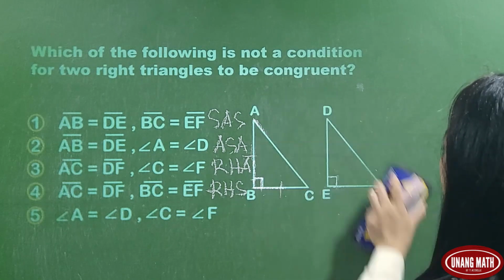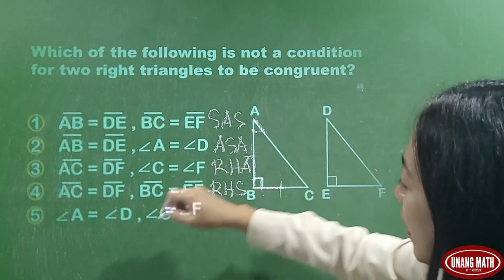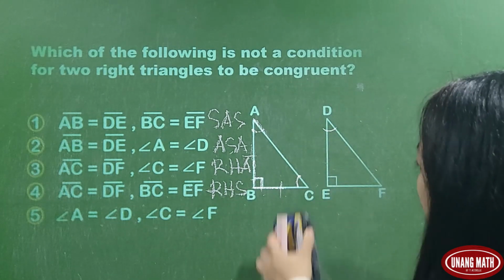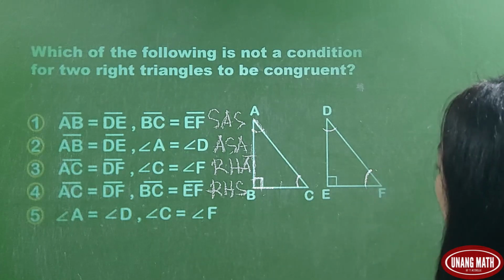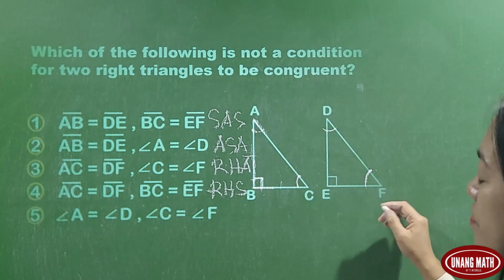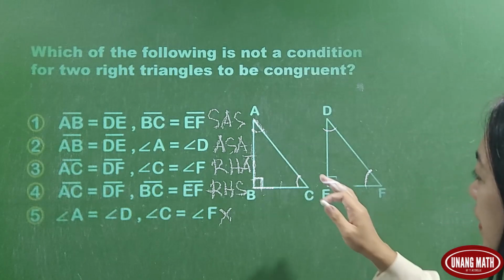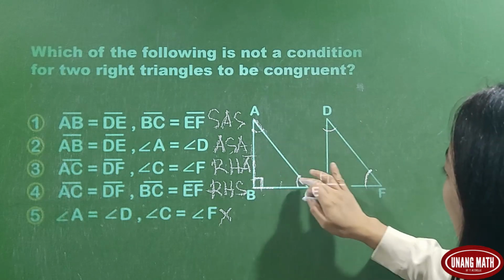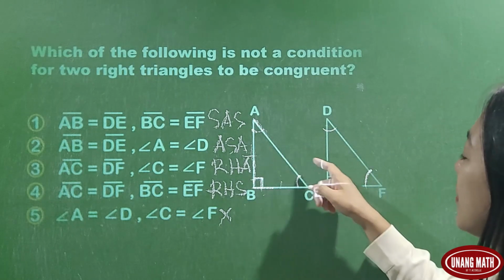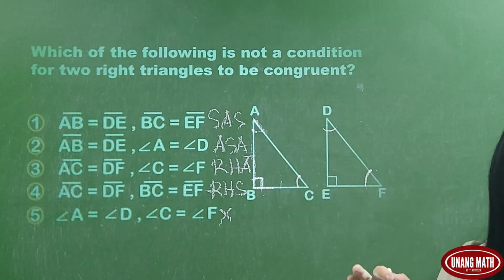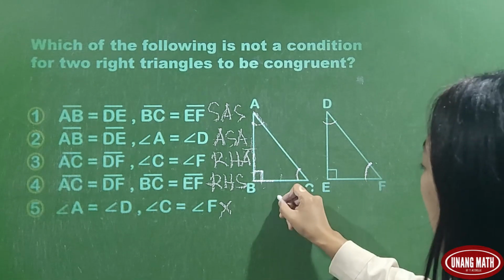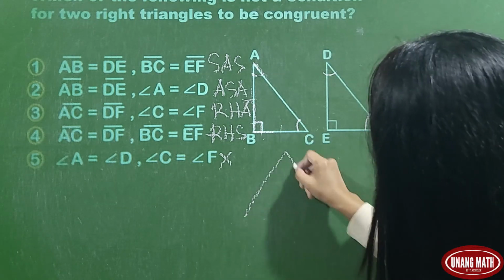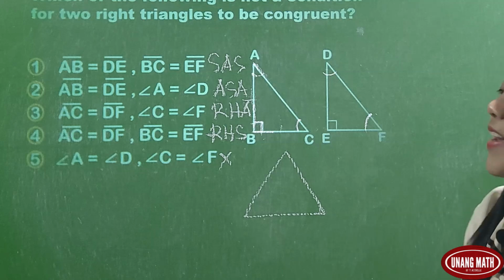Okay, what about number 5? Angle A is equal to angle D. And angle C is equal to angle F. Okay, this is wrong because even if the corresponding angles are equal, it doesn't mean that these two triangles are congruent. Okay, let's consider these two regular triangles.